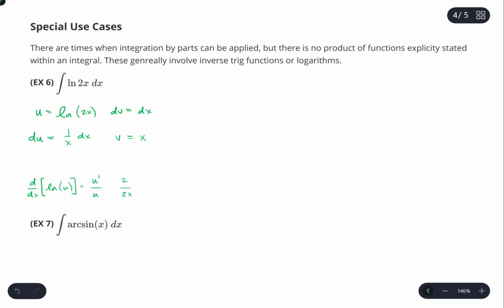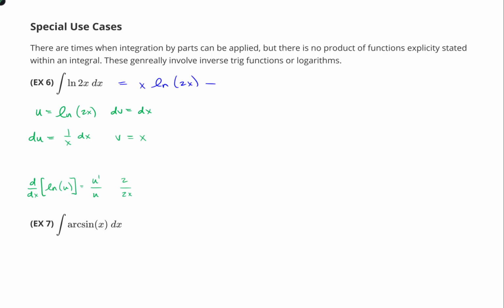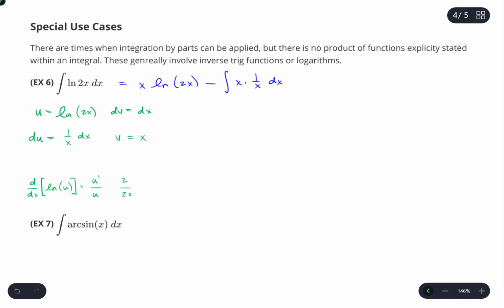Okay, now applying integration by parts, let's see what happens. So I have u times v, so x natural log of 2x minus the integral of v du. So v du in this case would be x times 1 over x dx. And the nice thing about that is x and 1 over x cancel each other out.